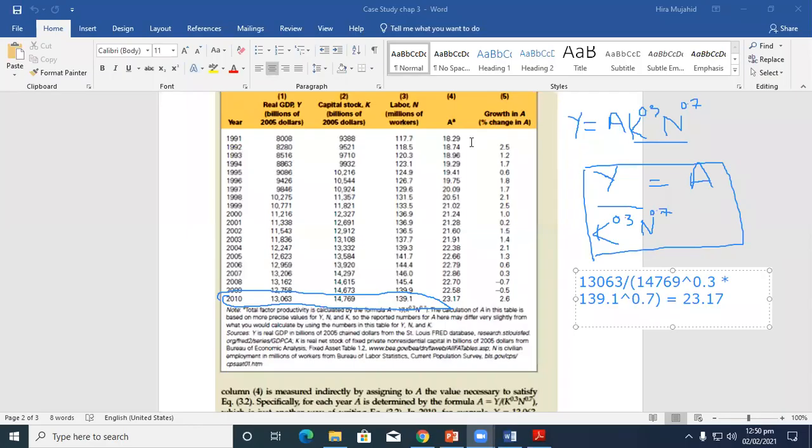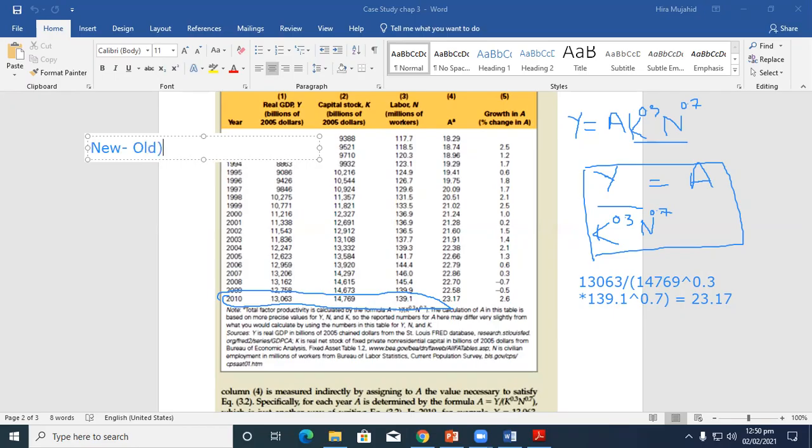You can see the productivity growth. The growth can be found if you use this formula. I'm writing the formula over here: new minus old, divided by old.